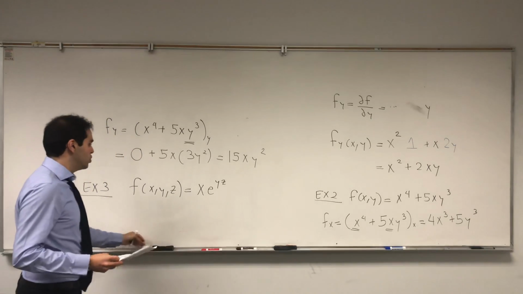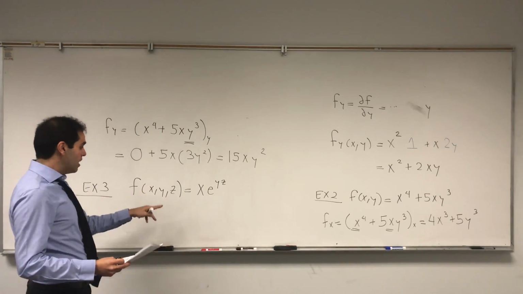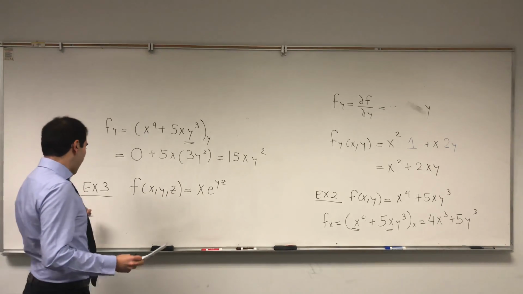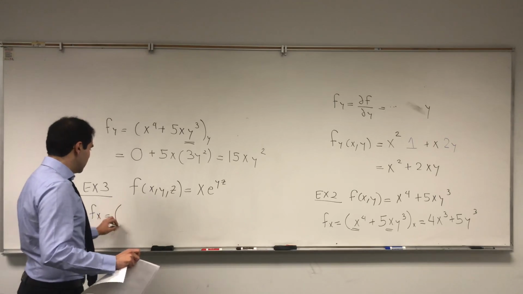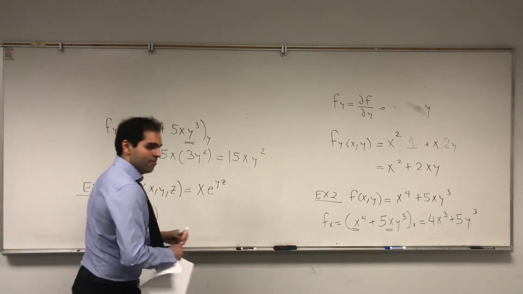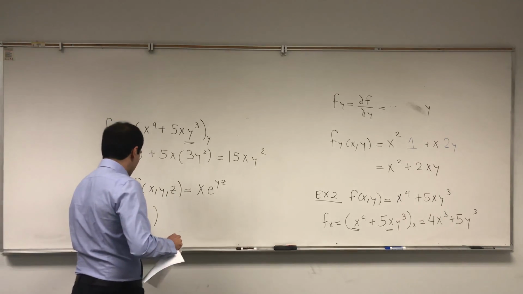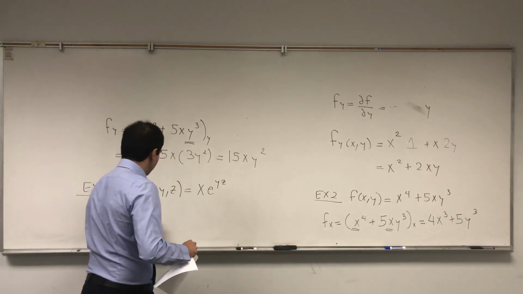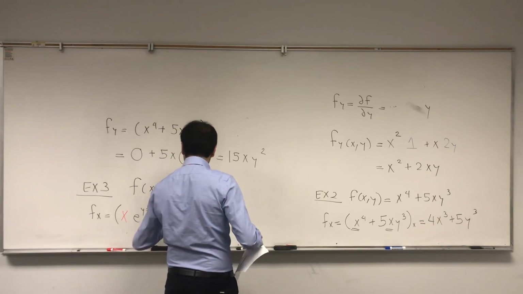And then what you can do, you can find the partial derivative with respect to x, with respect to y, and with respect to z. So f_x is the derivative of, again very careful, x e to the yz with respect to x, which becomes e to the yz.